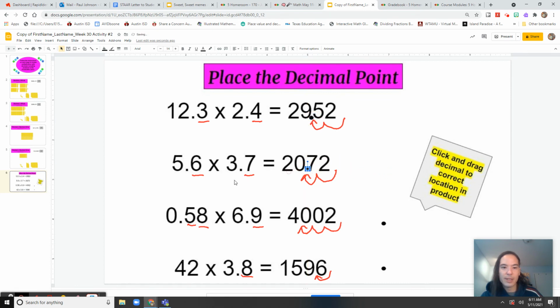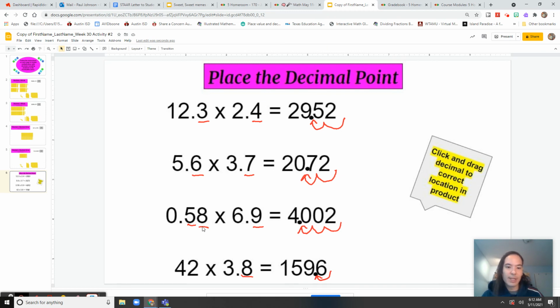Let's say we put the decimal point in the wrong place, 5 times 3 doesn't equal 2.07. 5 times 3 doesn't equal 0.2. So we can check our work by deciding if it's reasonable. All right, is 50 cents times 6 maybe $3? That sounds about right. Is 42 times 3 going to be 1.59? That sounds about right. But if I said 42 times 3 equals 15, you'd be like, that doesn't make sense.